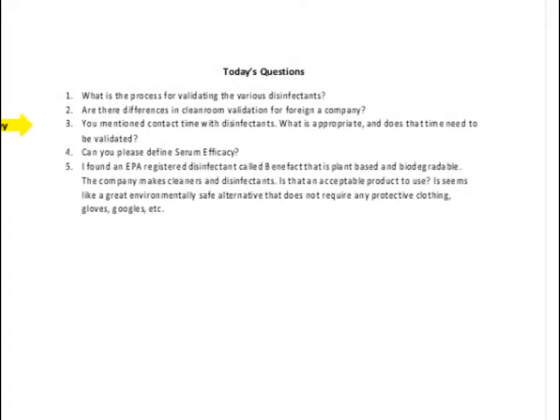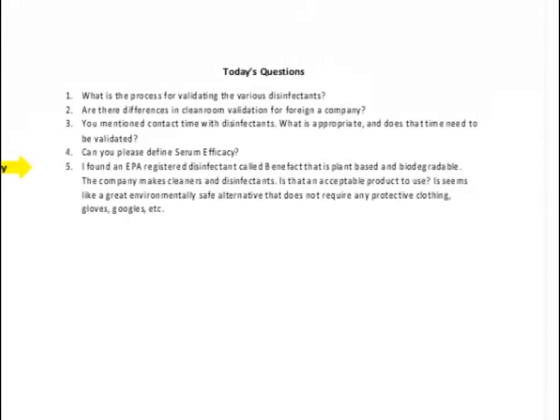Usually we'll see 15 to 20 minutes or whatever the label has said. And then serum efficacy is where we use blood, so the product is actually tested to clean, and to see if the microbes are killed in a thick serum when we are using those in the testing.